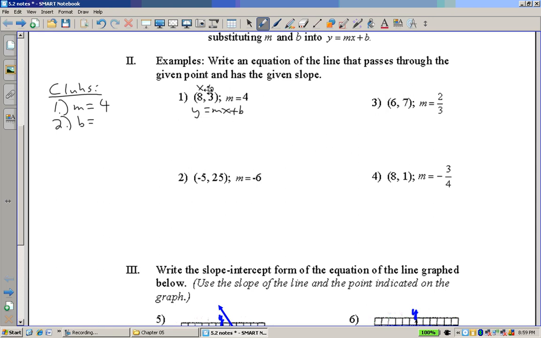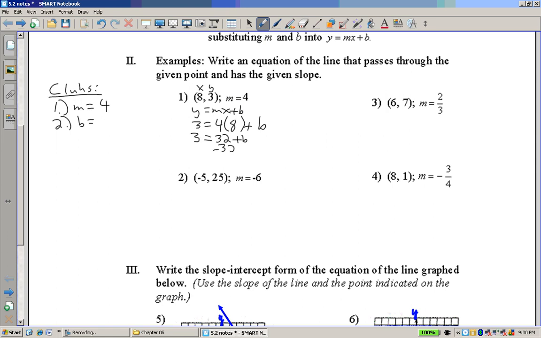Let's see what happens. 3 is y, m is 4, x is 8, and b, well, we don't know what that is. In fact, that's what we're trying to solve for. But at least now I have an equation that I can use to solve for b and find my other major clue. So 4 times 8 is 32.